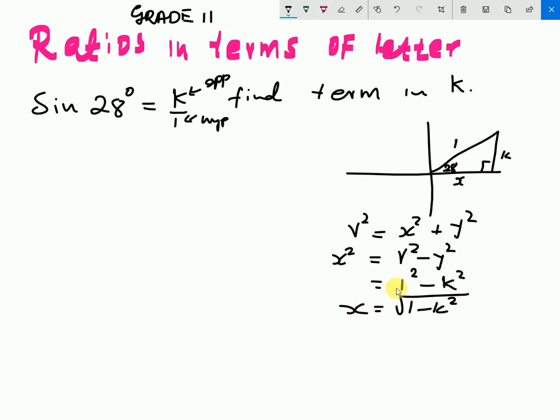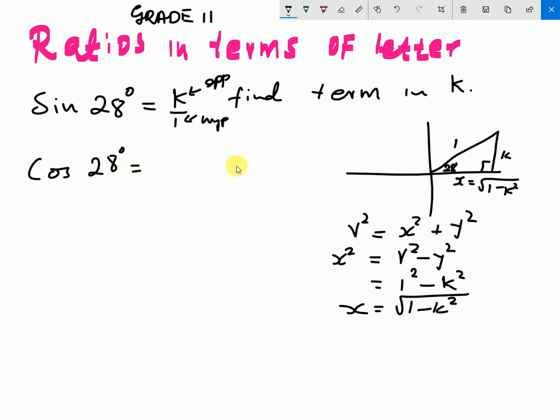Okay. Now, if this is the square root of 1 minus k squared, and you are asked to find the cos of 28 degrees, how much is this?